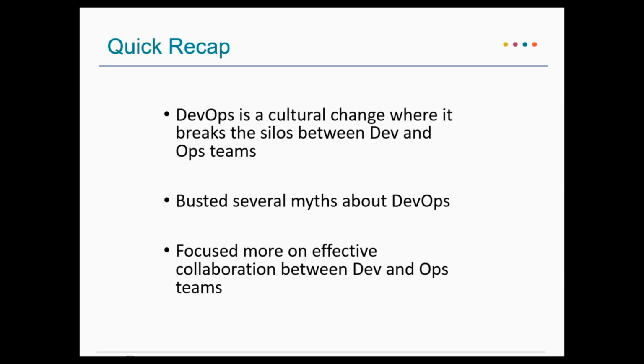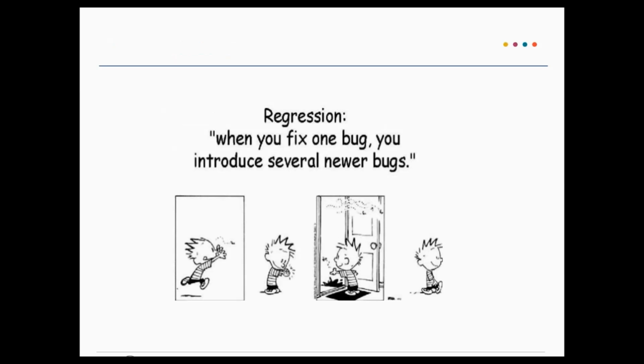Okay, so now in this session, we might have already seen this image, this cartoon, and what we want to convey here is a day-to-day activity from the development and production side as well. When we try to fix a bug, it introduces several new bugs.